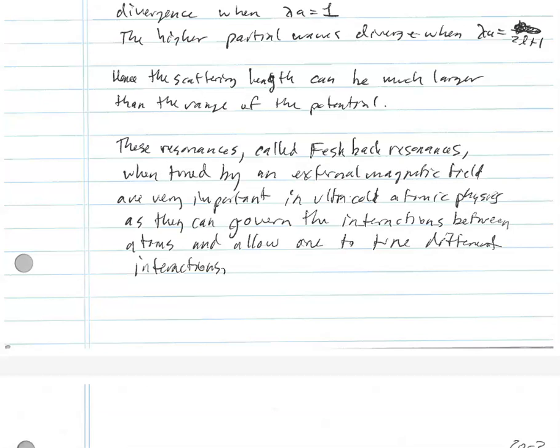And these resonances are called Feshbach resonances after a famous MIT professor who was the first person to work on these. In atomic physics, you can tune an external magnetic field to go through these Feshbach resonances.